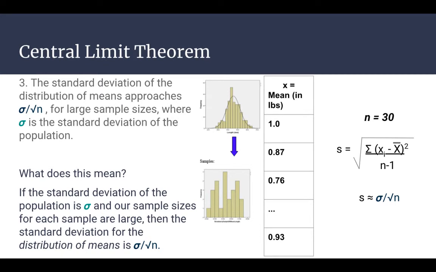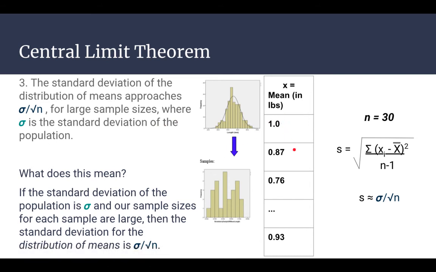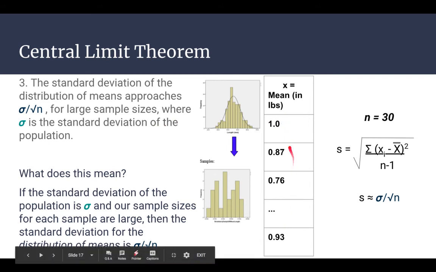If the standard deviation of the population is sigma, and our sample sizes for each sample are large, then the standard deviation for the distribution of means is sigma divided by the square root of n. So I keep saying we're looking at the distribution of means. Why? Because we are looking at all of these values, but each of these values is a mean. We're looking at the distribution of these means.